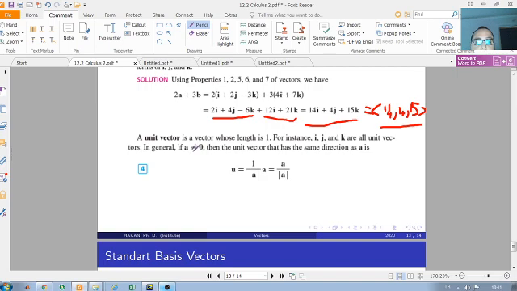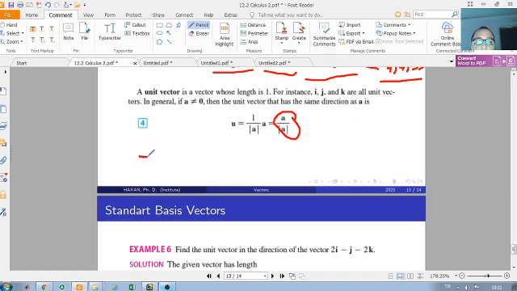In general, if we have a vector different from the zero vector in the three-dimensional coordinate system, then the unit vector that has the same direction as the vector A can be found by applying the scalar multiplication of the number 1 over the length of the vector A and the vector A. This is the unit vector in the direction of the vector A. Okay, if you want to find the unit vector in the direction of the vector A, the unit vector will be the vector u, which is in the same direction.